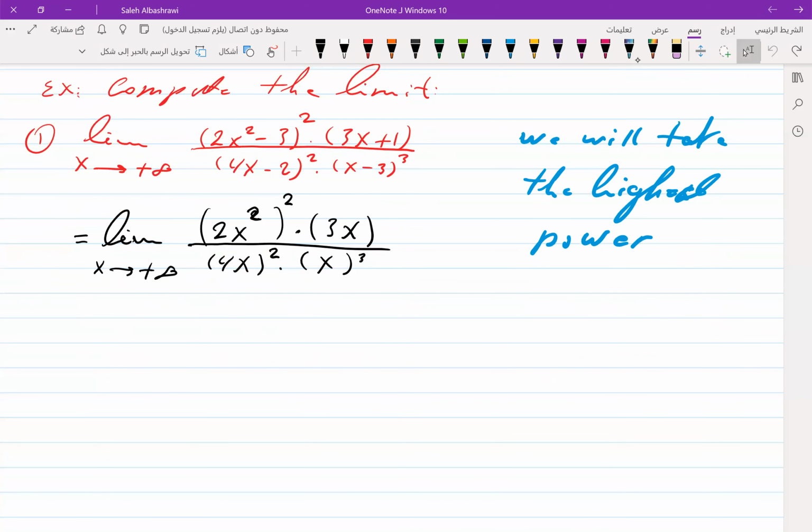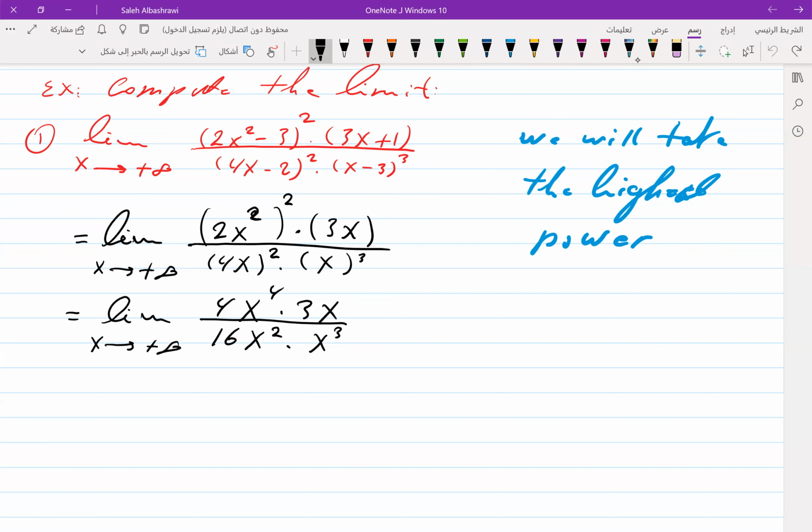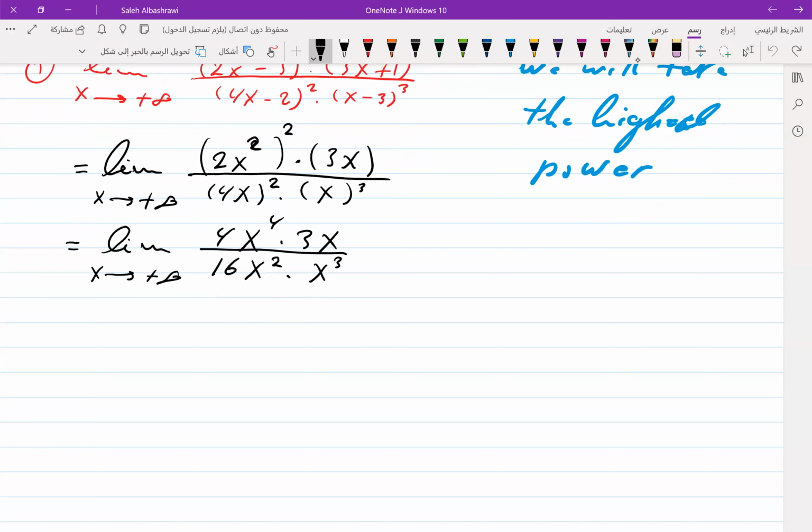Now simplified, I will have the limit of 4 x to power 4 multiplied by 3 multiplied by x to power 1, divided by 16 x to power 2 multiplied by x to power 3, as x goes to plus infinity, which is equal to the limit of 4 multiplied by 3 is 12 x to power 5 divided by 16 x to power 5.